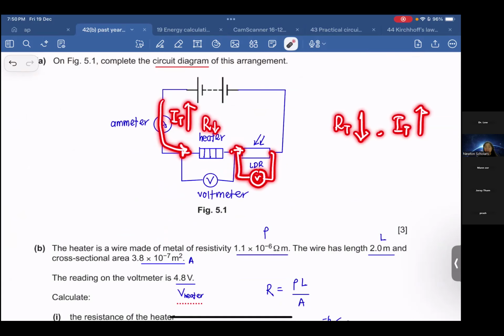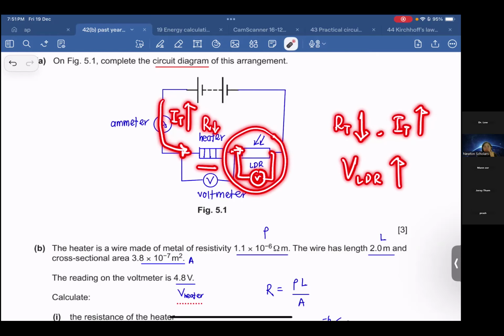The heater also has high current, but the voltage across the LDR will increase because V equals IR. It receives higher current, so it also receives higher potential difference. So at the end, your heater will receive less. This is another answer they can accept.